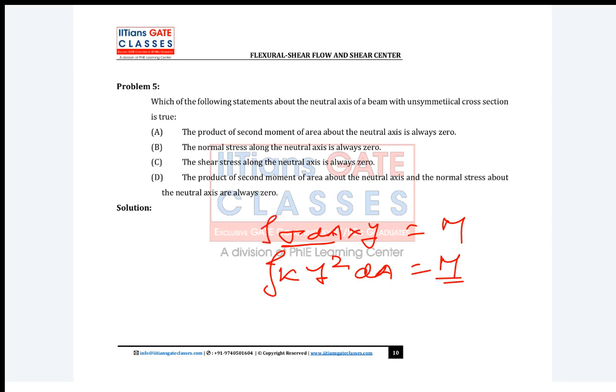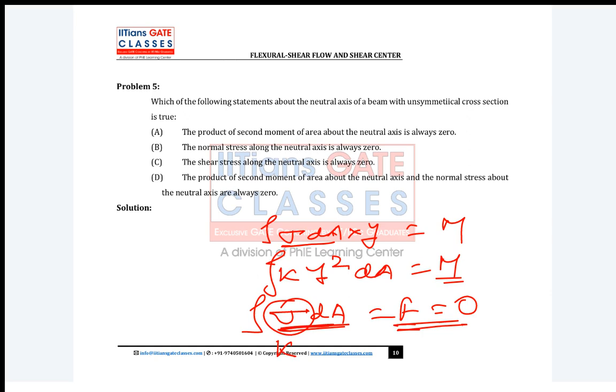But we know, sigma dA, if you integrate, that should be force. And we know there is no force in axial direction in case of bending. What is the sigma? E will also be there.